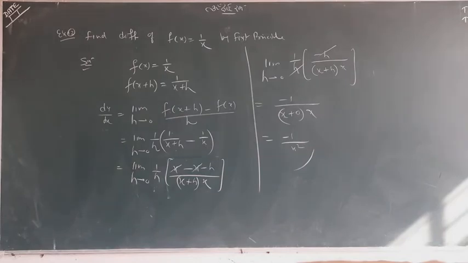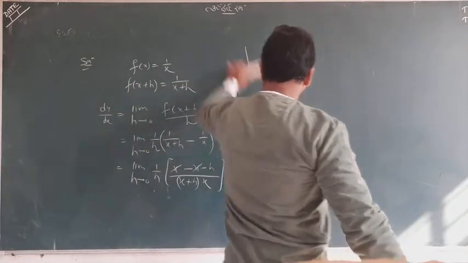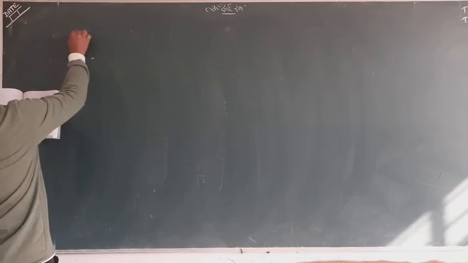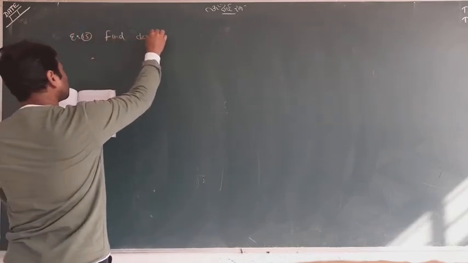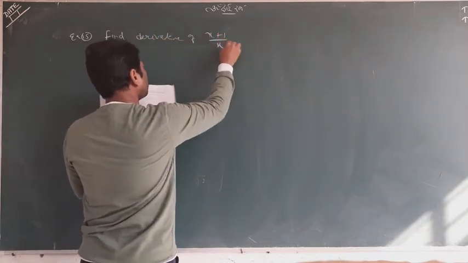Now I would like to tell you some more examples. Look at the board. If you focus on this, example number 15: find the derivative of x plus 1 upon x.